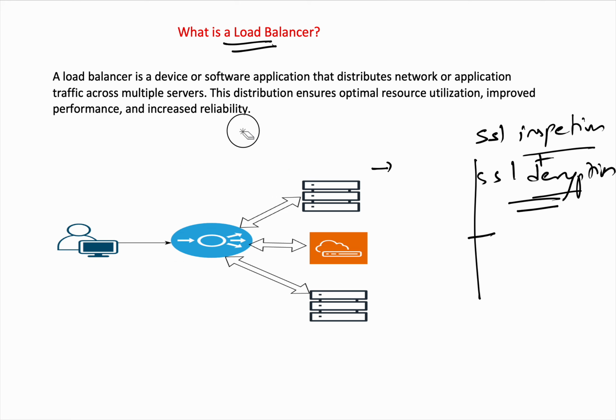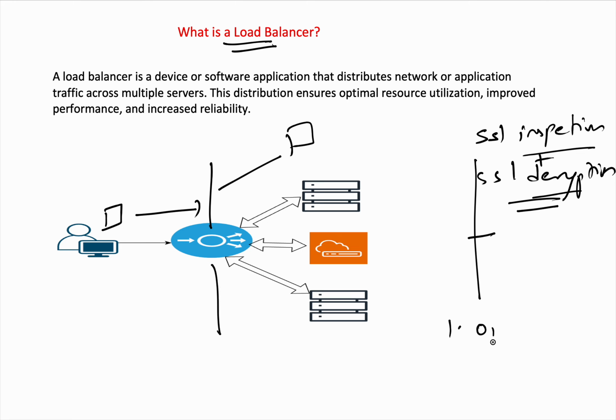Now, let's get back to the basics. Why we are doing it is because when you raise a request from here to the load balancer, the load balancer is making the request on your behalf. So the first basic thing it will do is it will have sessions in the backend. You can also call it optimization. How is it optimization?